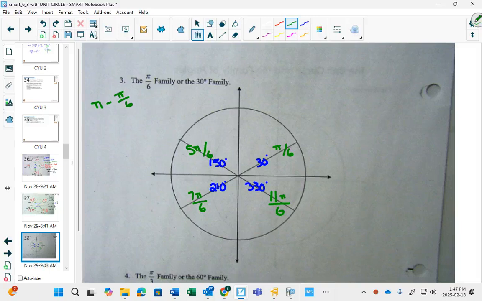Because if you went all the way around, that would be 2 pi, which is 12 pi over 6, minus 1 pi over 6 gives you 11 pi over 6. Now, in order to get the coordinates, we're going to need a special triangle again.